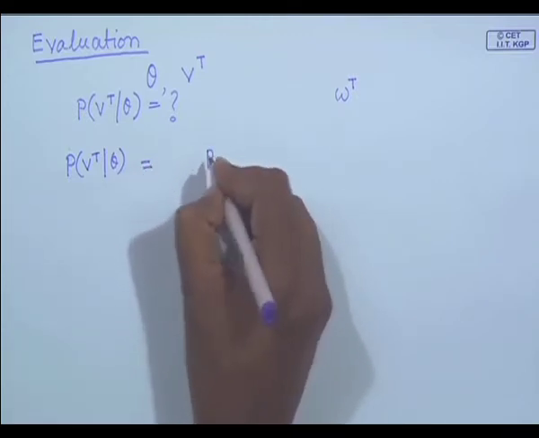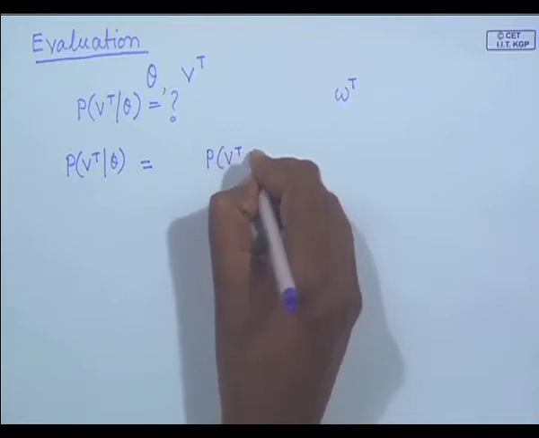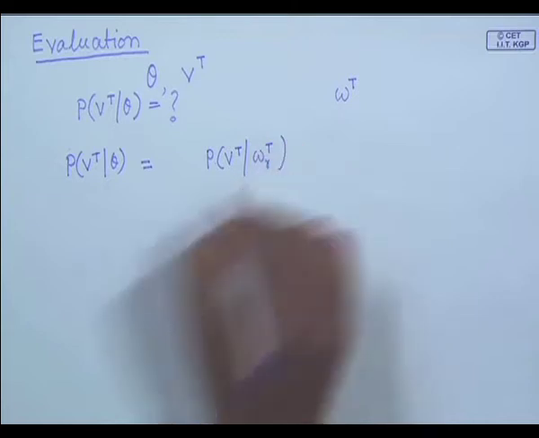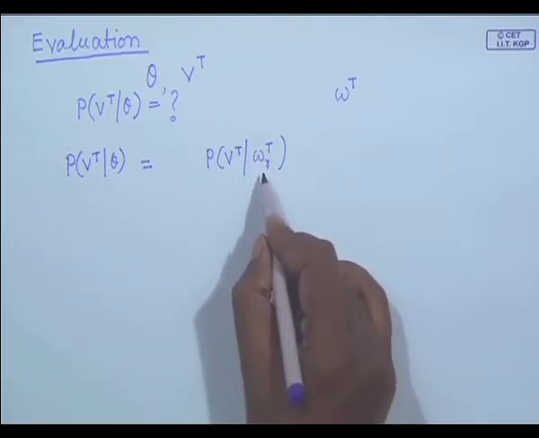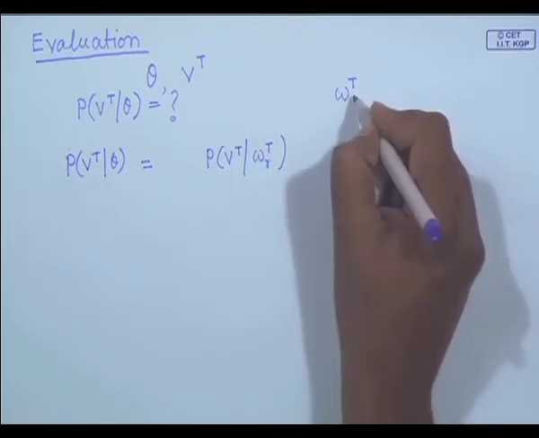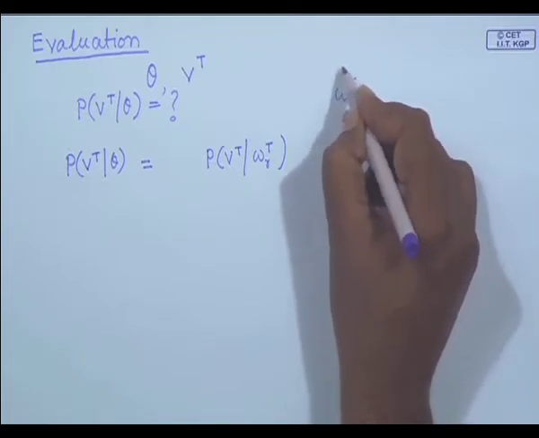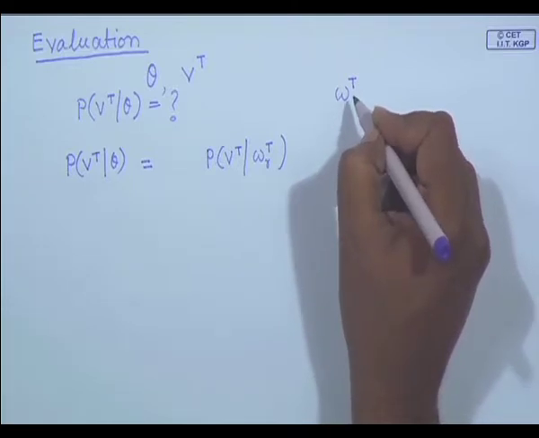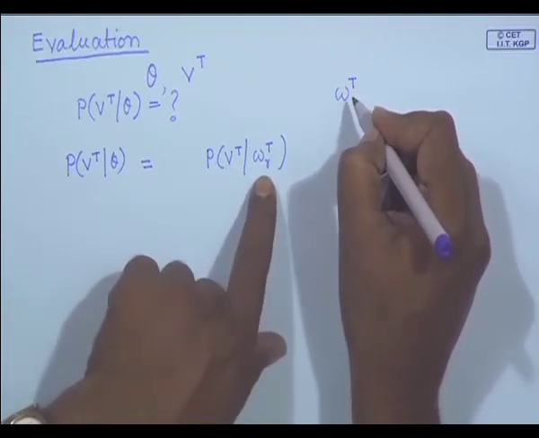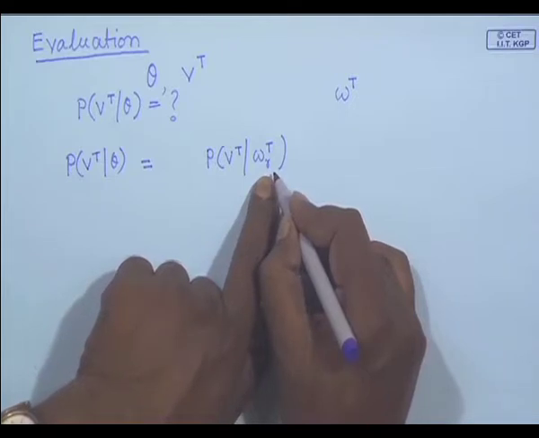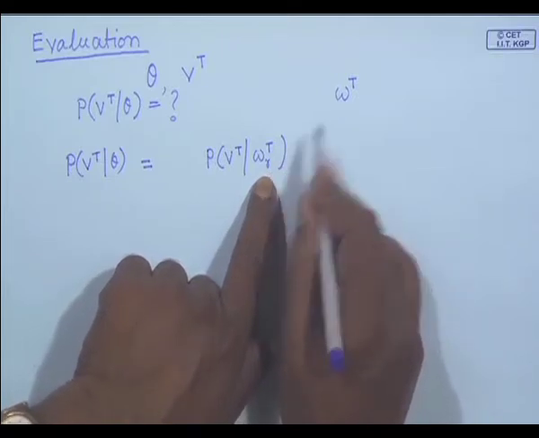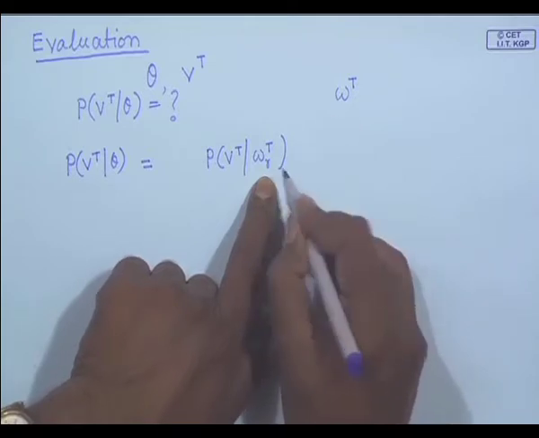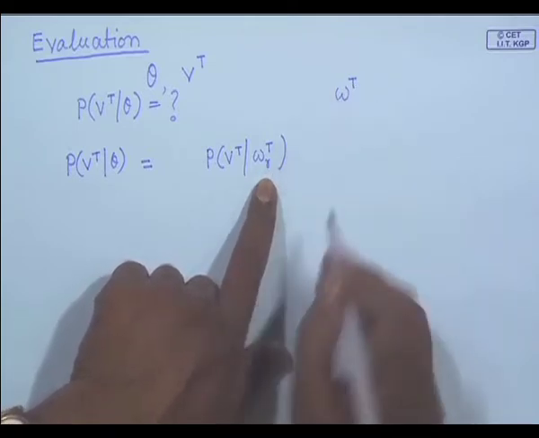I can find P(V^T | omega_r^T). Why am I writing omega_r^T? Because I want to find all possible sequences of hidden states of length capital T, and this index r indicates one of those possible sequences.